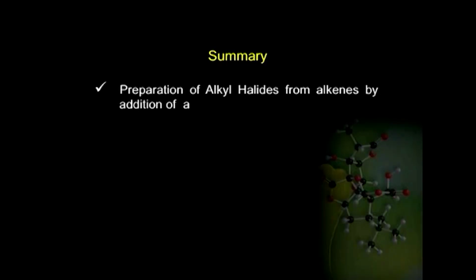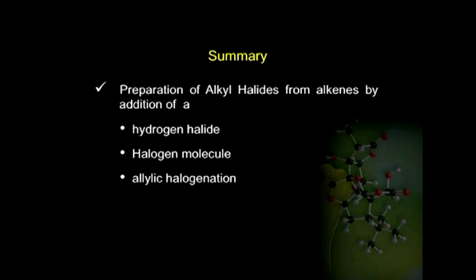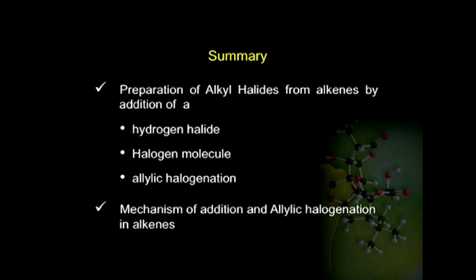We have talked about the preparation of alkyl halides from alkenes by addition of hydrogen halide and halogen molecule, or we have seen that allylic halogenation is another possibility in case of alkenes by which we can prepare alkyl halides, and the mechanism of addition shows that hydrogen halide adds by a free radical mechanism, whereas halogen molecule adds by electrophilic addition mechanism.